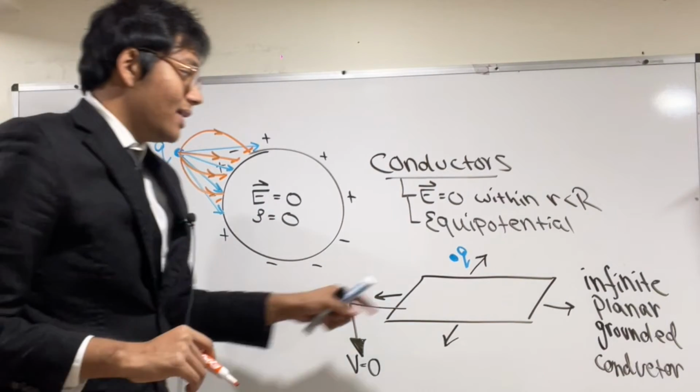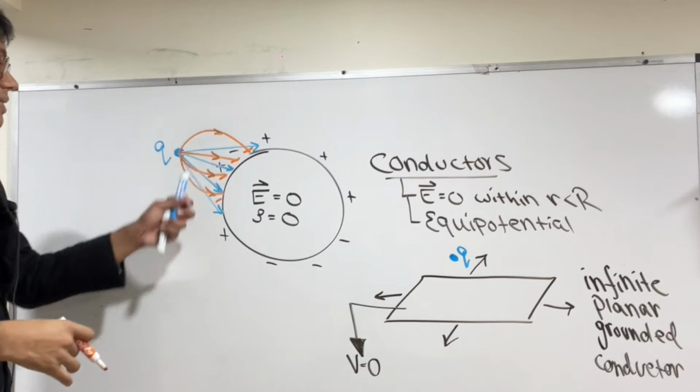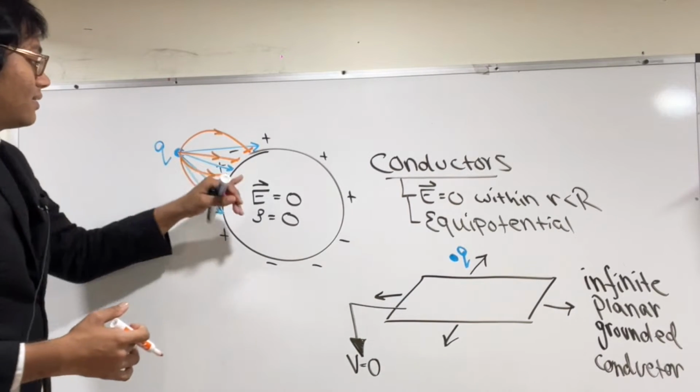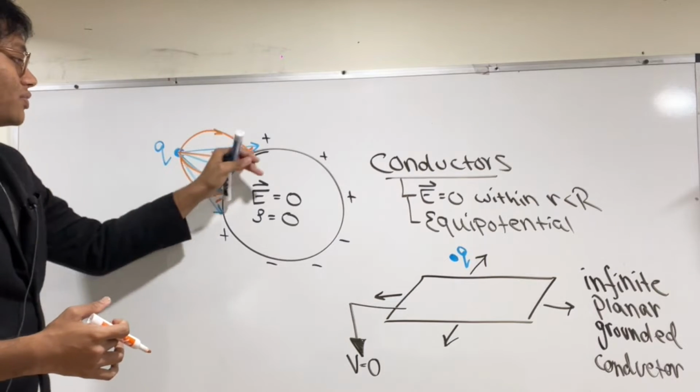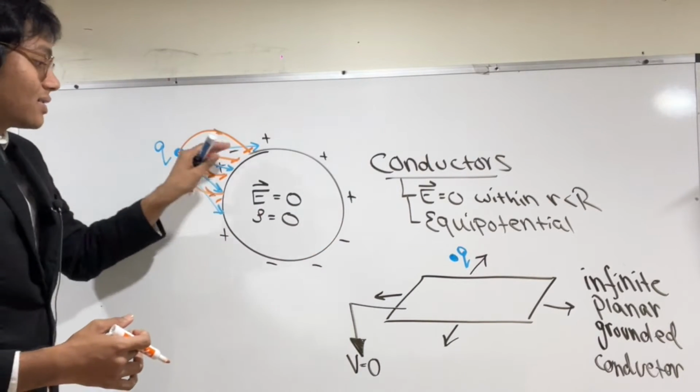Much the same way, this would introduce a disturbance onto the surface of this spherical shell. That's what we were just saying, right? The spherical conductor is going to respond to this charge q by introducing some negative charge here, by moving some of the negative charge from the other side onto this side.